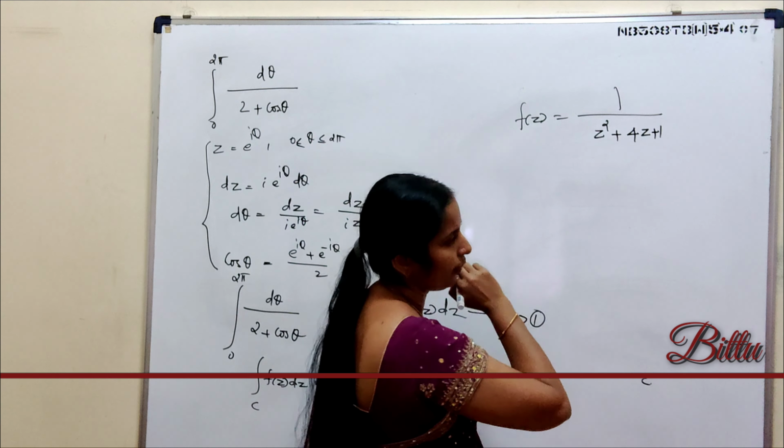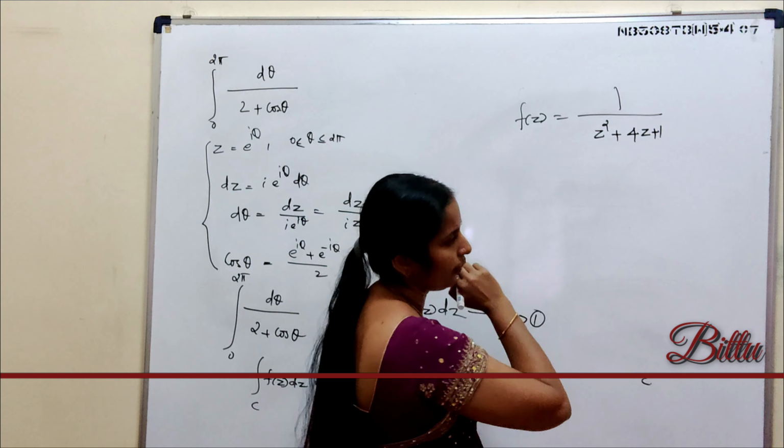So, by residue theorem, 2 pi i into R1. Since only one singularity within C, there is only one residue. And we can give the answer as 2 pi i into R1. This is equation number 2. Next you find R1 and substitute in equation number 2. Then you will get integral over C f z dz. You put that value in equation number 1. Then you will get the answer of the given question.